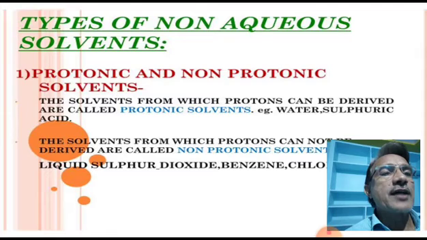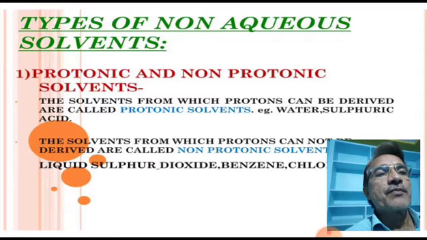Sulfuric acid, H2SO4. Sulfuric acid can also produce protons. H2SO4 gives rise to H+ and HSO4-, or H2SO4 gives rise to 2H+ and SO4 2-.